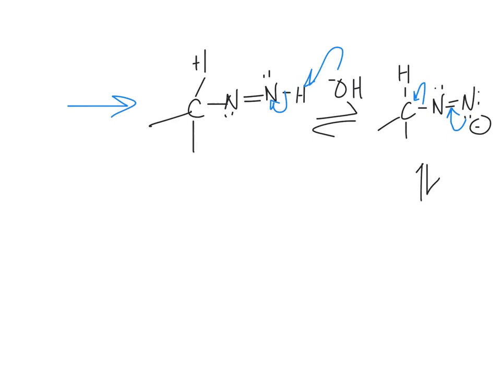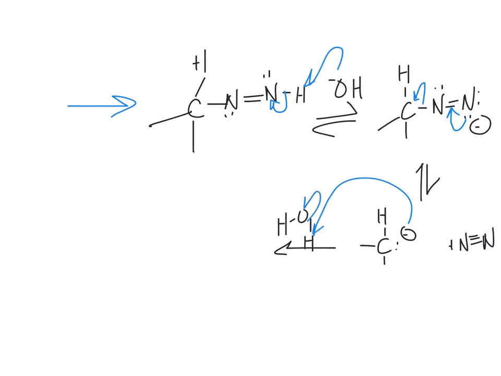What that formed is the really quite stable N triple bond N, which you also know as nitrogen gas. And then also a carbanion. That carbanion will again take a proton from water, and that will finally leave us with our deoxygenated carbon, formerly the carbonyl, plus hydroxide.